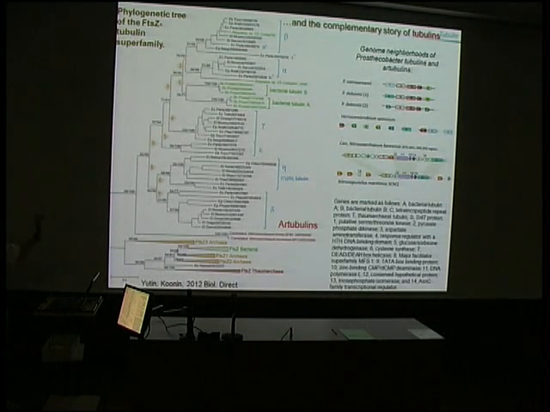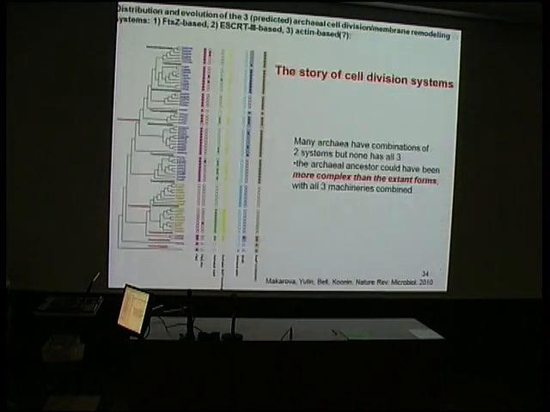The very believable, reliable ancestors of the key components of quintessentially eukaryotic machinery, such as the cytoskeleton and the others, are seen in the various groups of archaea.